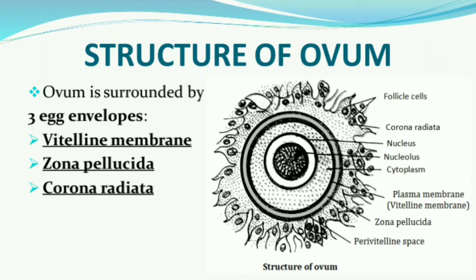And the outermost layer is the corona radiata. It is the thicker coat formed of radially elongated follicular cells. You can find another thing in this diagram, that is the perivitelline space. What is that? It is the narrow space between the vitelline membrane and zona pellucida.